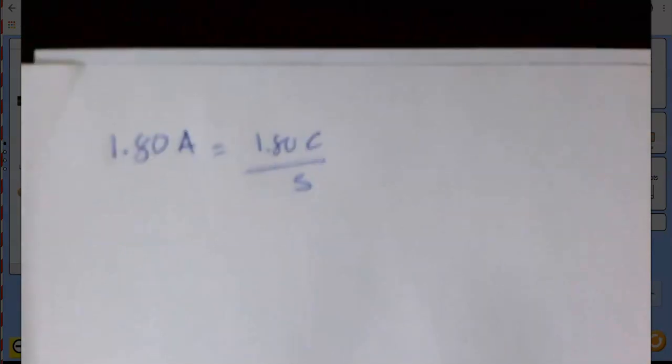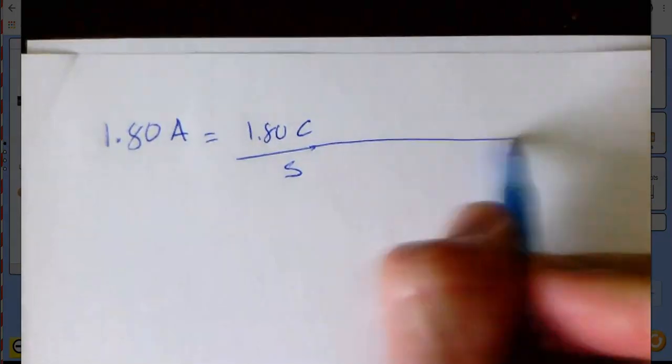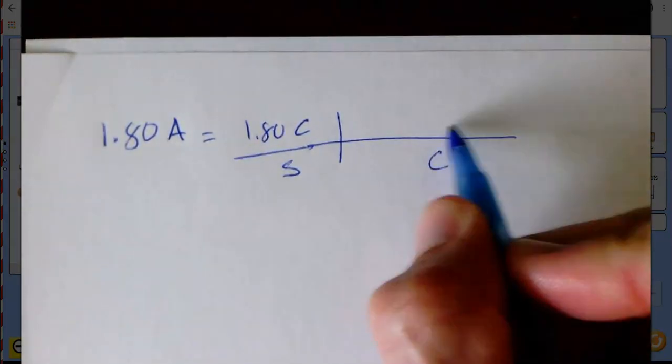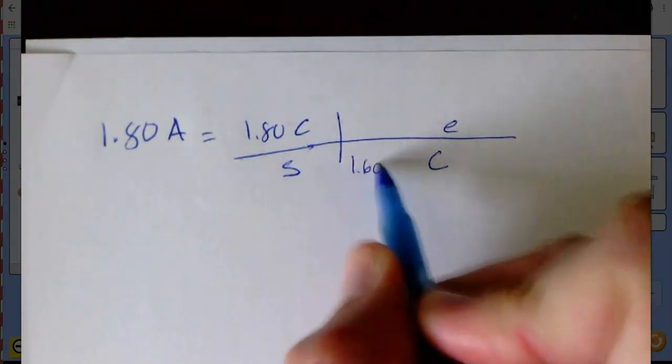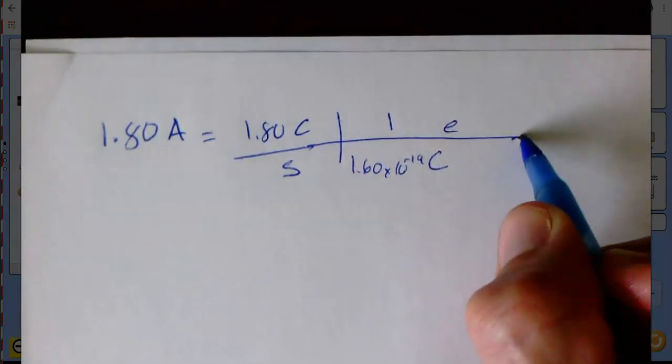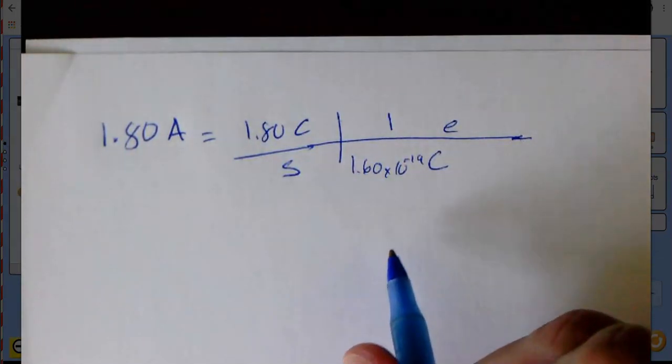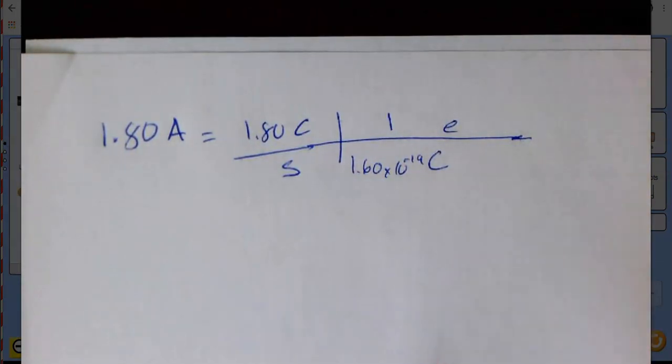And then we're going to make a kind of a table out of this. Put coulombs down here and electrons. 1.60 times 10 to the minus 19 coulombs is 1 electron. And we can figure out how many electrons per second are going through that spot.